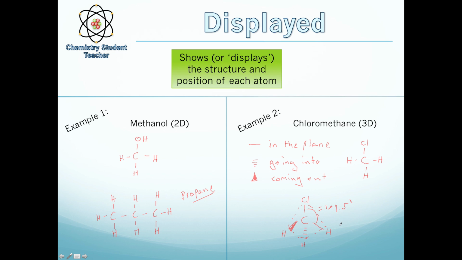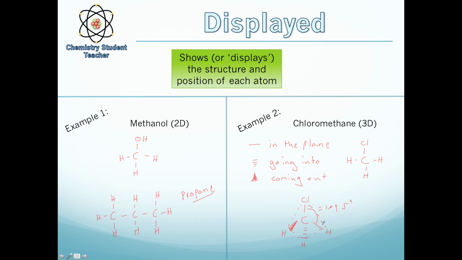And the reason why you get to 109.5 degrees is because electrons in the bonds are repelling each other, and this is how you get the maximum angle, so you have the least repulsion. So for example, if these three hydrogens were pushed together at, say, 90 degrees, there's going to be a lot of repulsion between those lone pairs, so they're going to spread out as much as they can. And like I said, it comes to 109.5 degrees in this case.